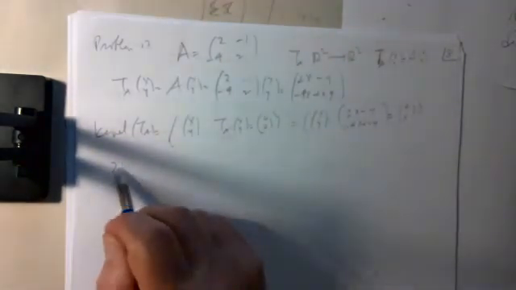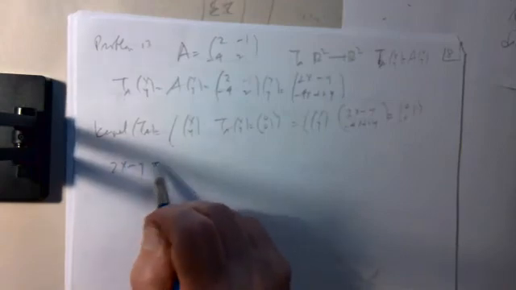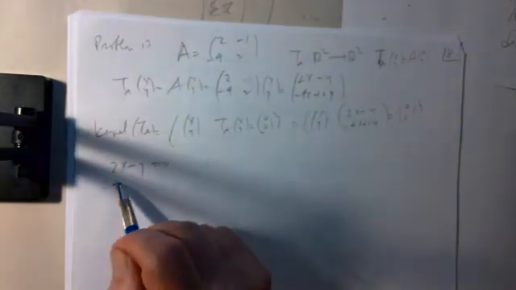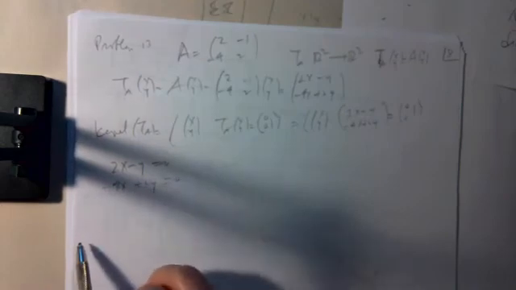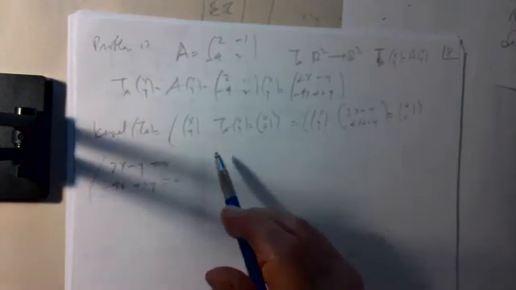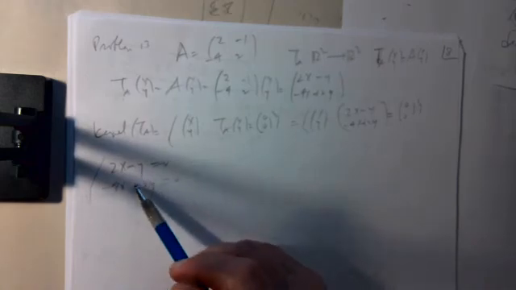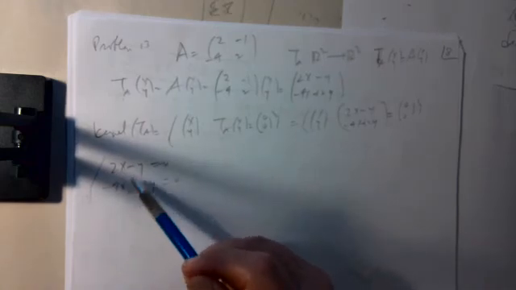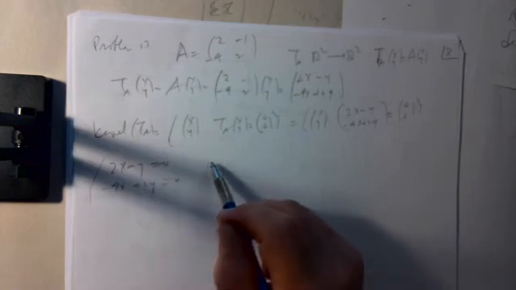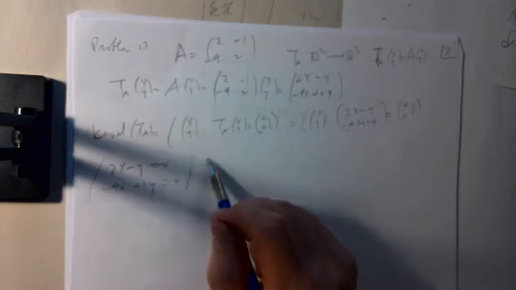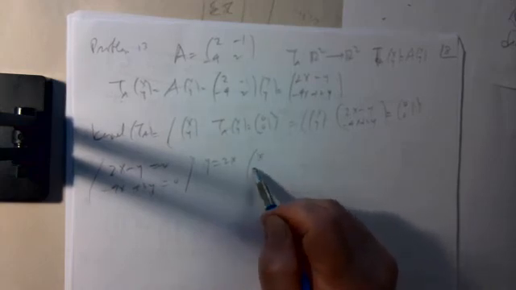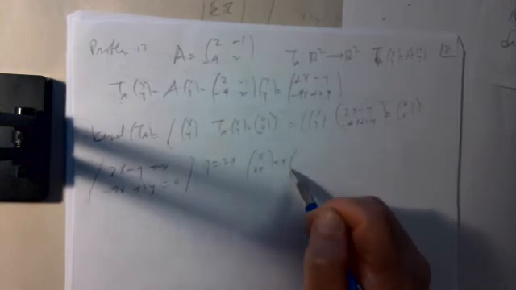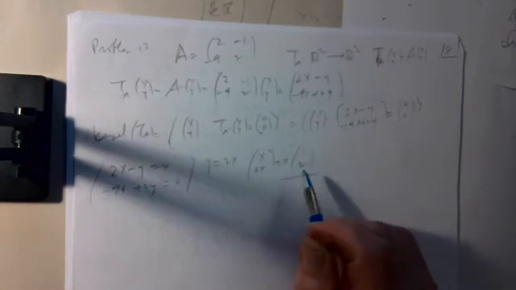Which means x and y are solutions of a system of equations. 2x minus y equals 0, minus 4x plus 2y equals 0. And you can solve this with a matrix or any other way, but you see this equation is minus 2 times this equation. So the solution is any y equal to 2x. So any vector of the form x, 2x, or x times the vector 1, 2.